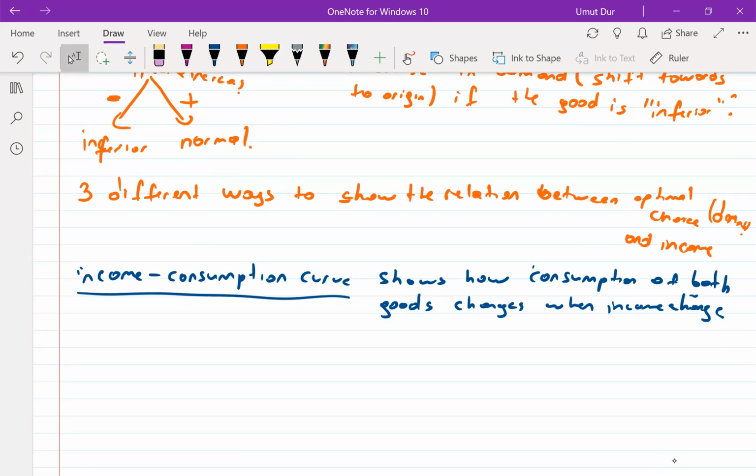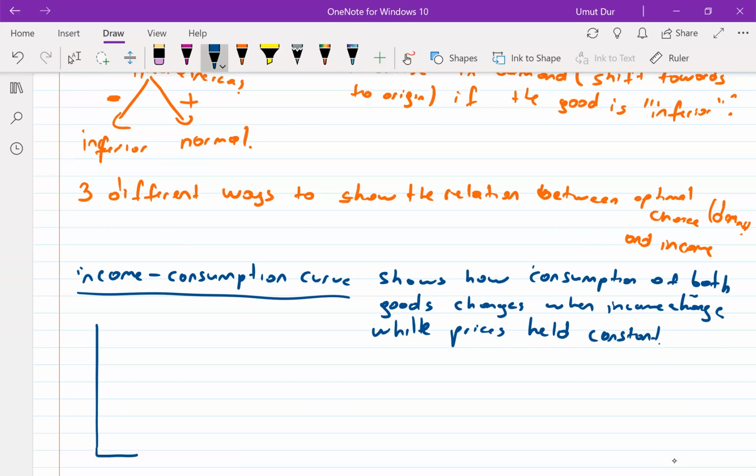Okay, so we show it on a graph here while prices are held constant. So we can show this income consumption curve on the consumer choice graph.